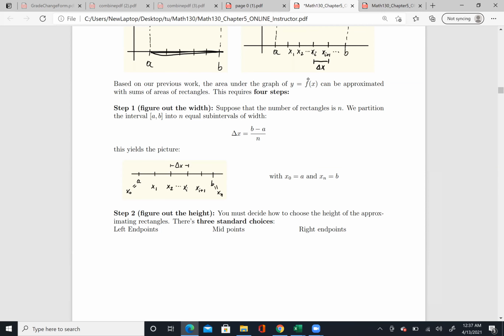This can be seen in the picture down here.